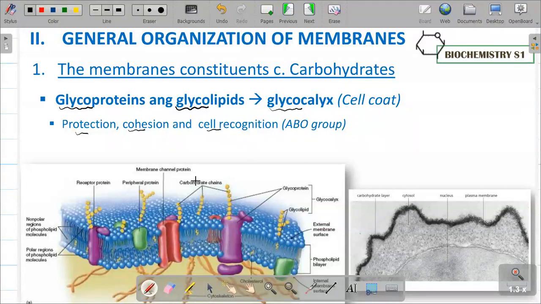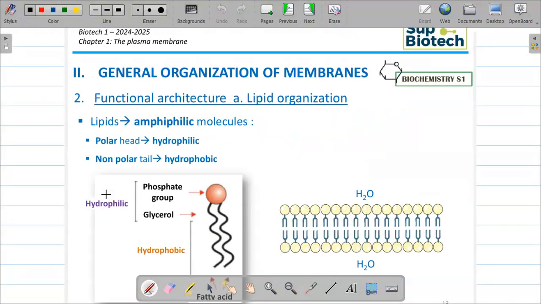For all this, we require these proteins. One is going to act as a receptor for cell recognition, or they act like protection, or to join two different cells, like the cohesion property. They require this organization.